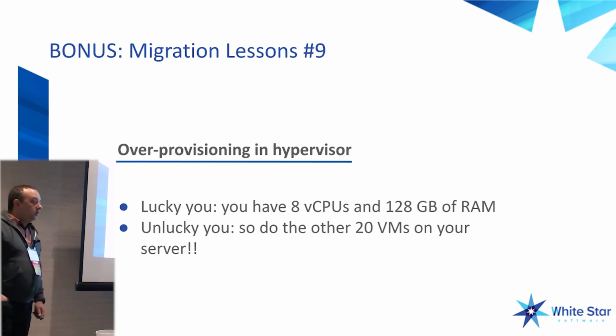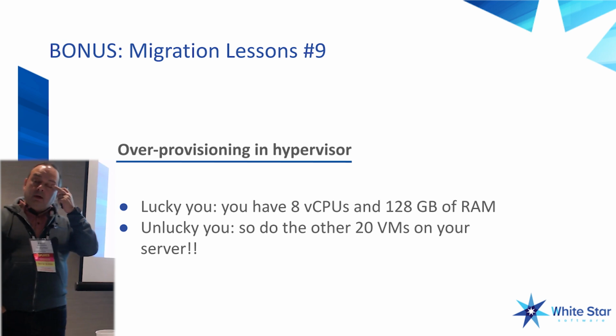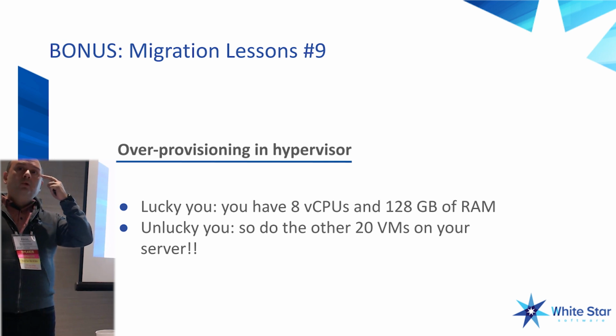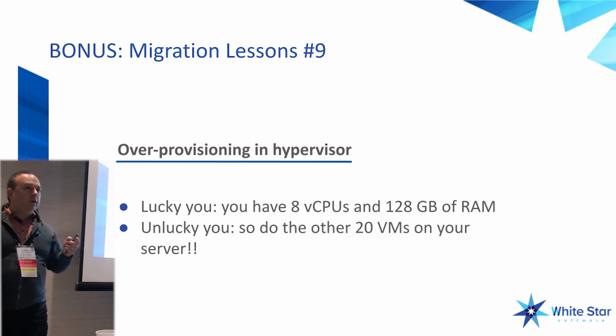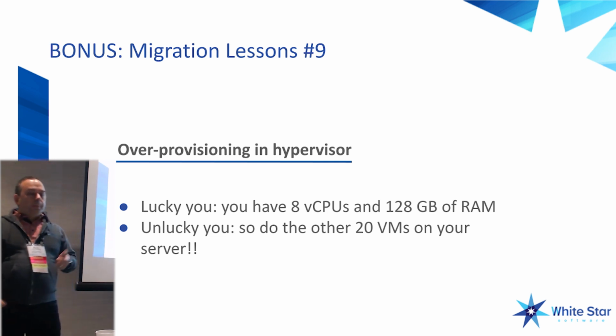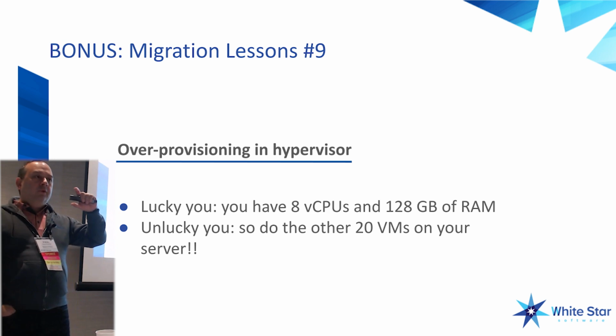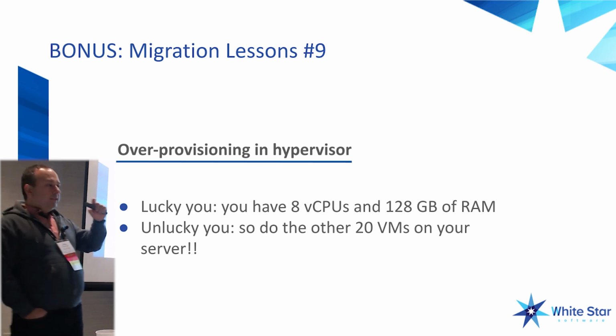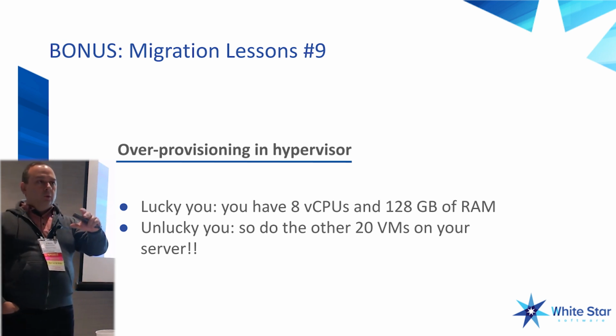Please don't over provision. And there's another thing, what's it called? The balloon driver. Has anybody heard of the balloon driver? So if you over allocate RAM on your hypervisor on ESXi, when you install the VMware tools, it installs what's called a balloon driver.